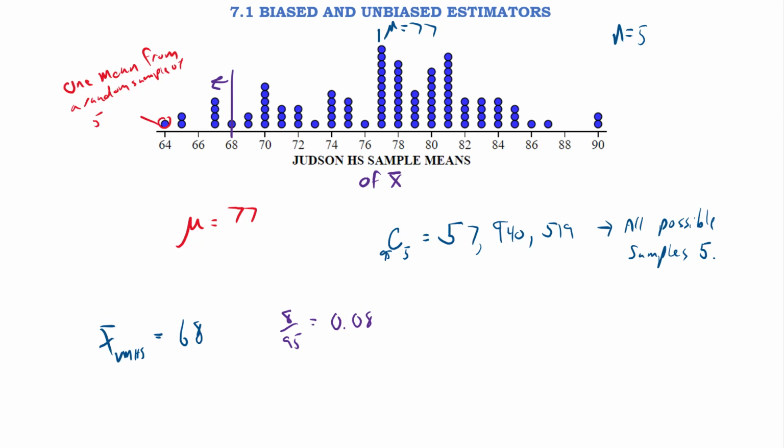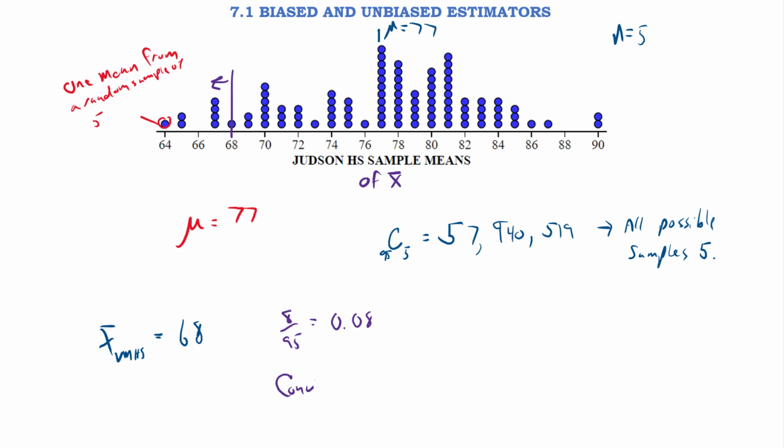So 8%. So if we have 8%, I would say no, because there is an 8% chance of getting a sample mean of 68 or less purely by chance. When we're trying to find out if there is convincing evidence, we want to use 5%.